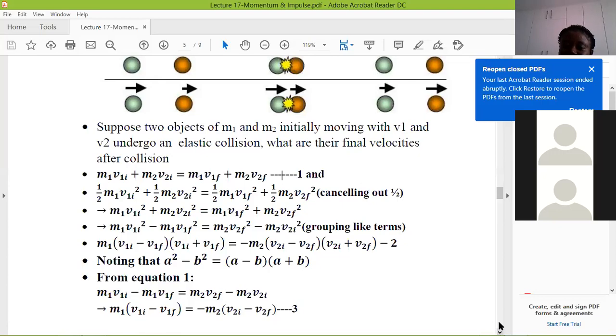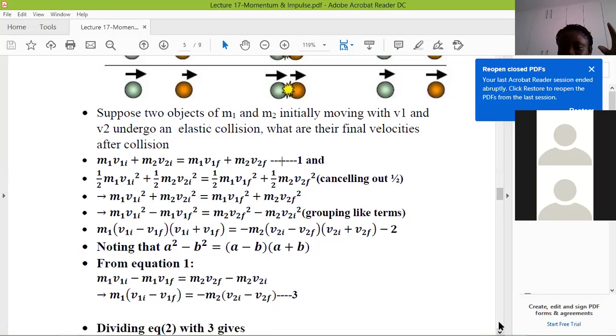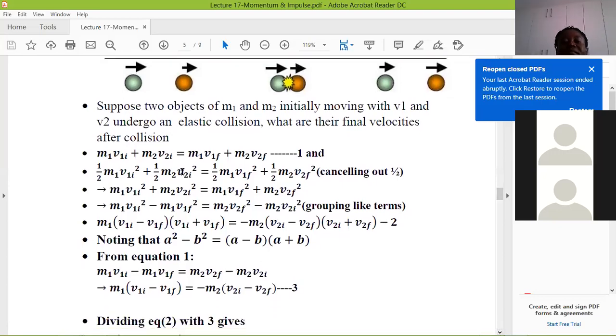In the elastic collision, the kinetic energy is conserved, so the kinetic energy before and after is the same. The momentum is also conserved, since we're dealing with a closed system, so the momentum before the collision is equal to the momentum after the collision.